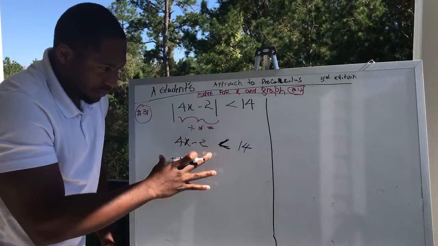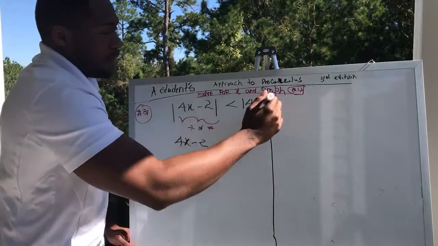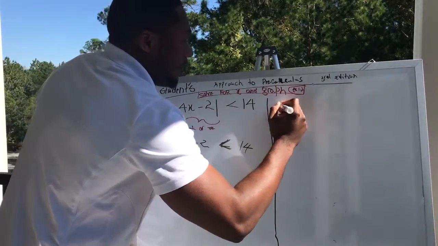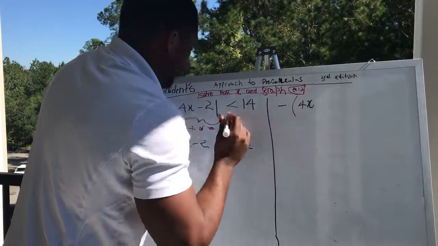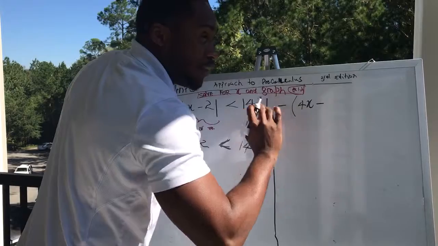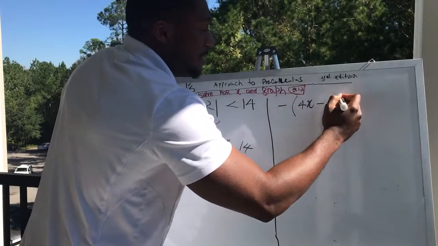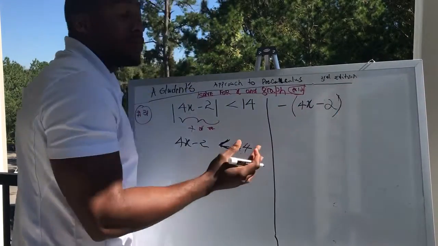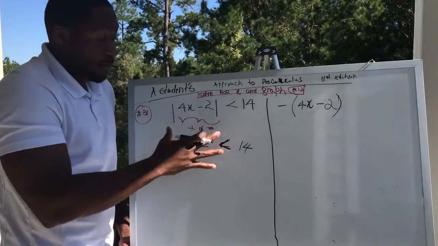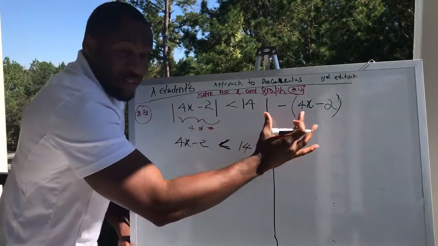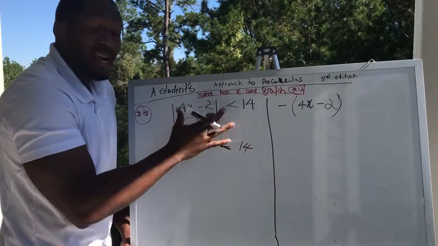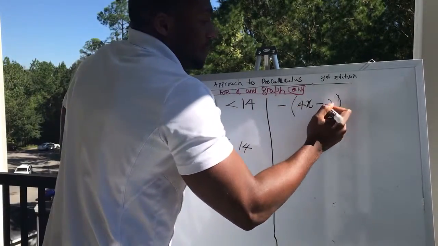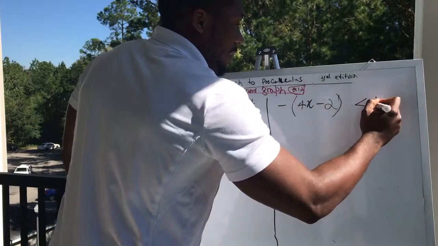So if this whole thing is negative, we're going to put another negative sign on it to make it positive, because an absolute value is never negative. If it's positive already, we'll put it down the same way it is. If it's negative, we put a negative sign on it to make it positive. So negative this, less than or equal to 14.